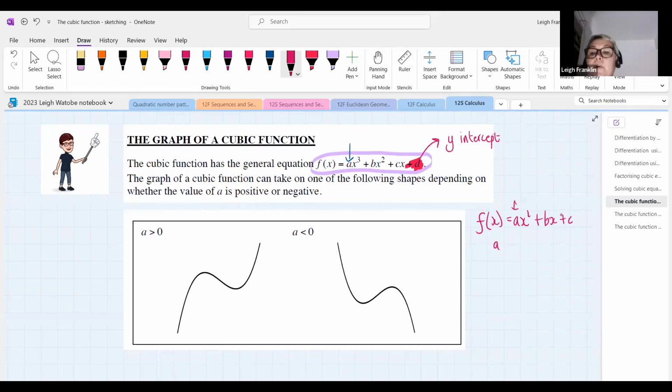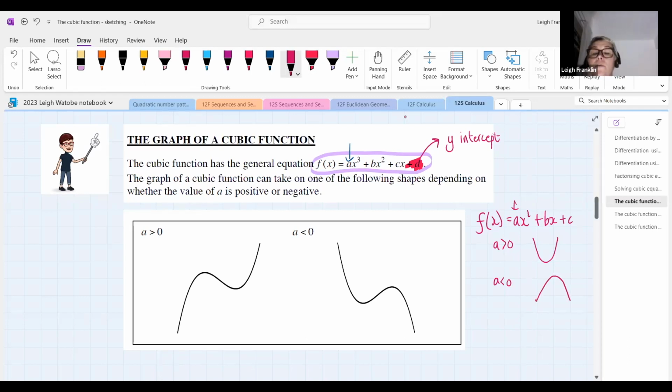So if A is positive in your parabola, what shape parabola have you got? Exactly, a happy face, a smiley face. If A is negative, then you've got a sad face.